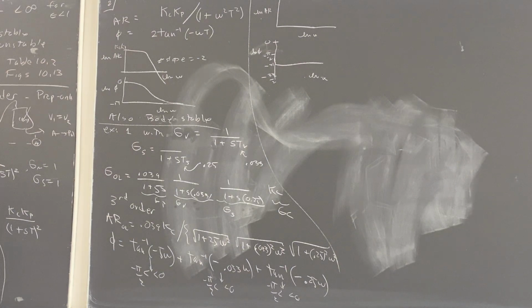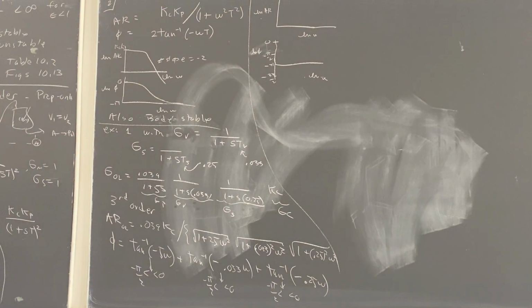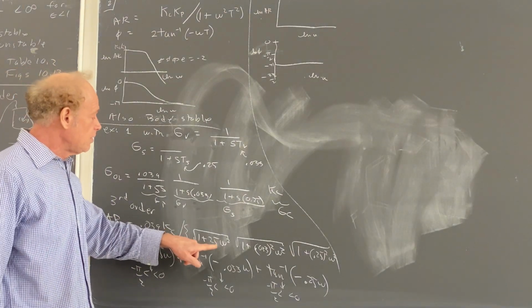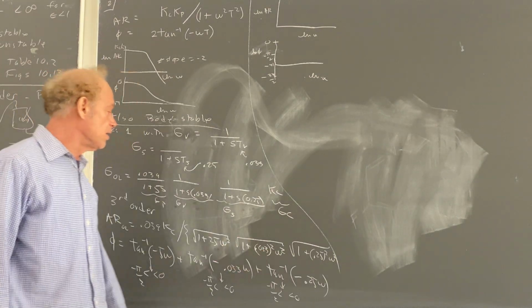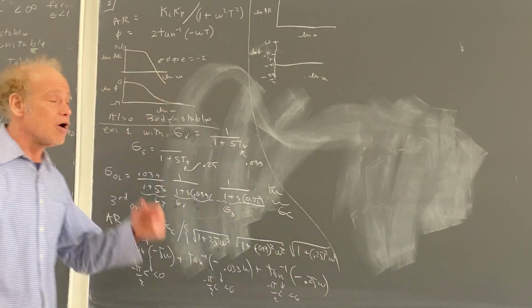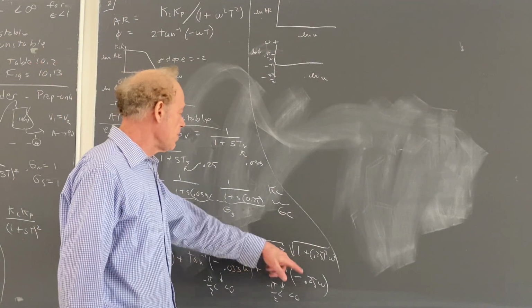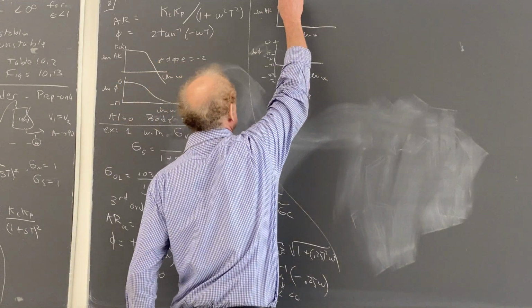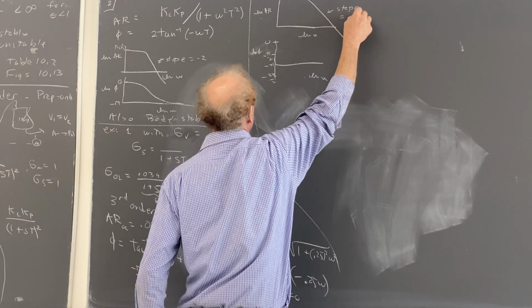Then, as omega goes to infinity, this just becomes 5 omega. This becomes 0.033 omega. And this becomes 0.25 omega. So here I have an omega, an omega, an omega. I get an omega cubed. So this thing again is going to look something like this, where this now has a slope of minus 3, the limiting slope.